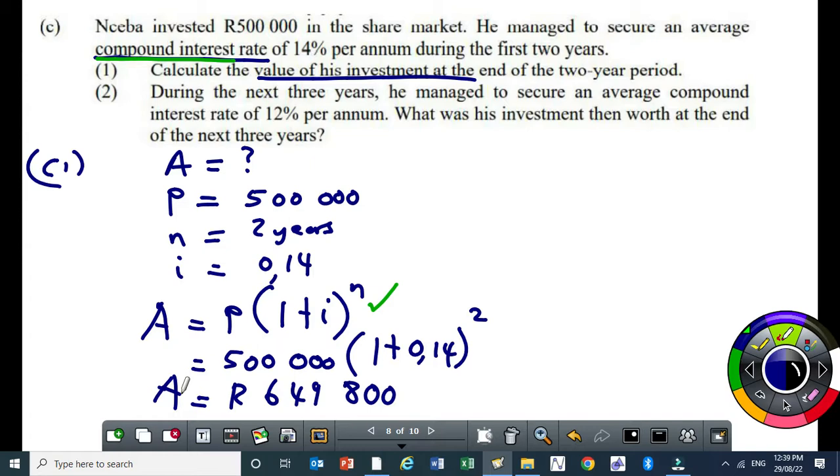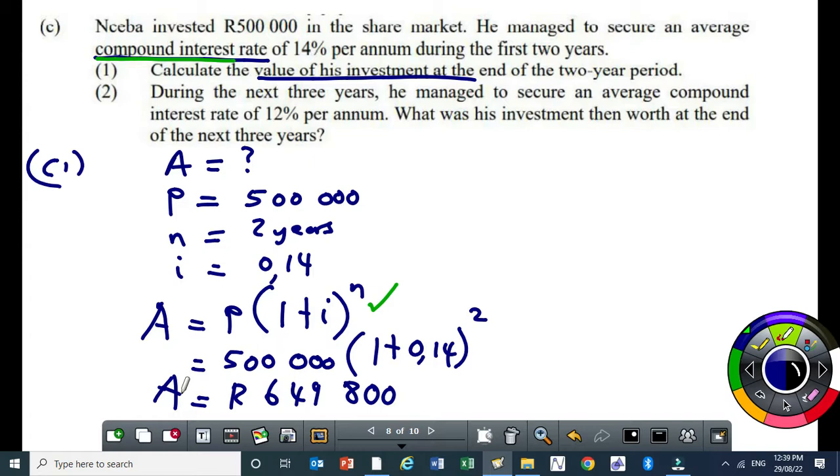The first 2 years, the interest was 14% per annum. Then it says during the next 3 years, after those 2 years in C1, he was able to secure an average compound interest rate of 12% per annum.